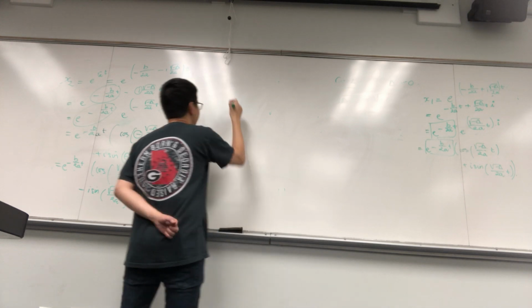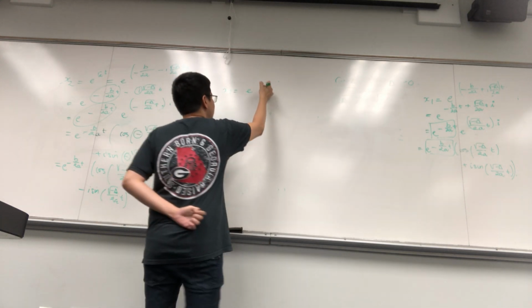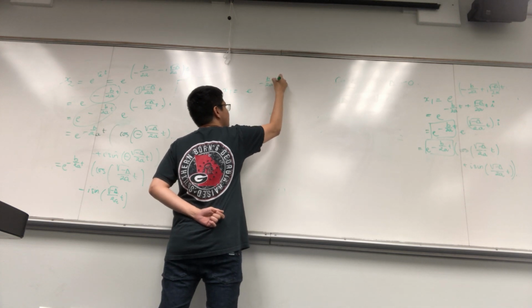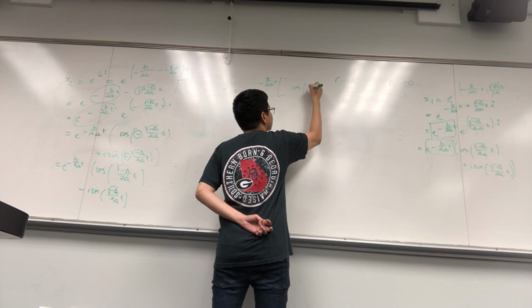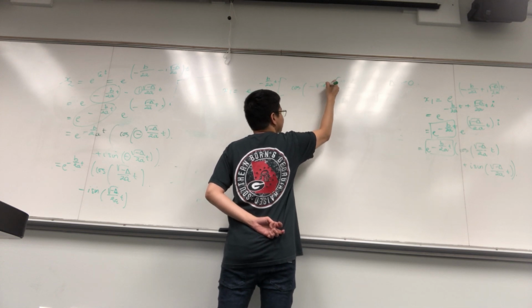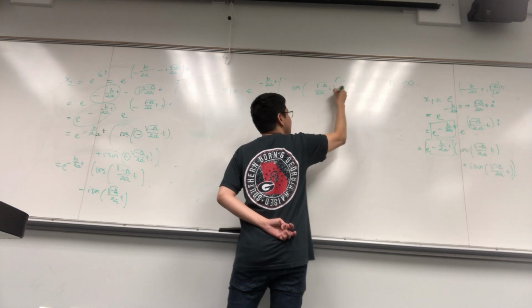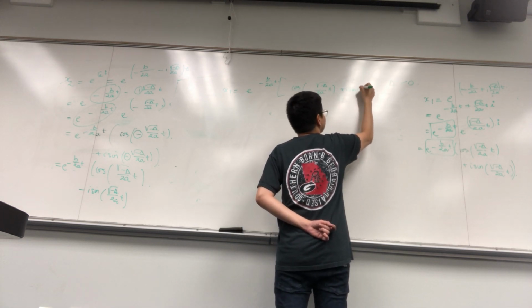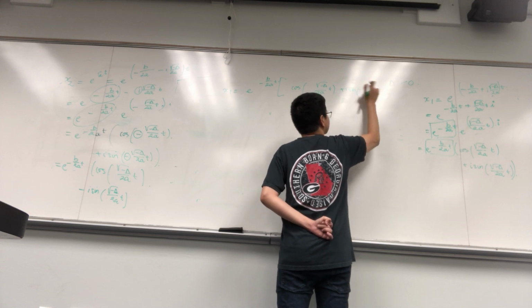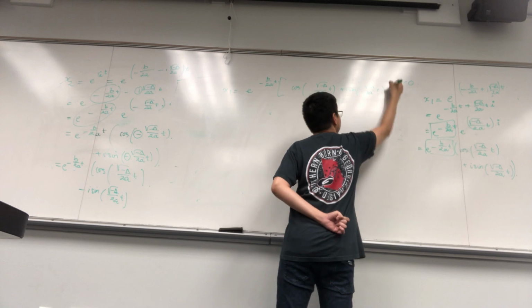Right, so for x1, you're gonna have e to the power minus b over 2a t, and you're gonna have cosine of square root of minus delta over 2a times t plus i sine of square root of minus delta over 2a times t.